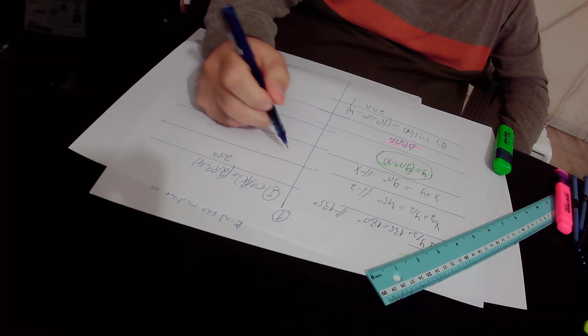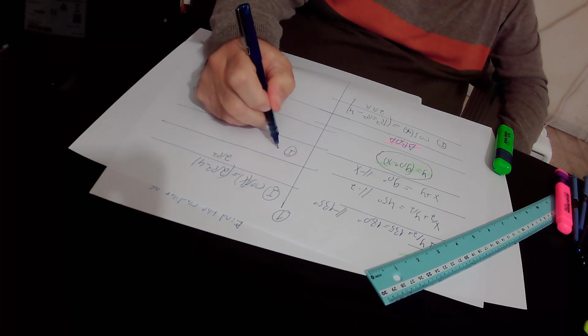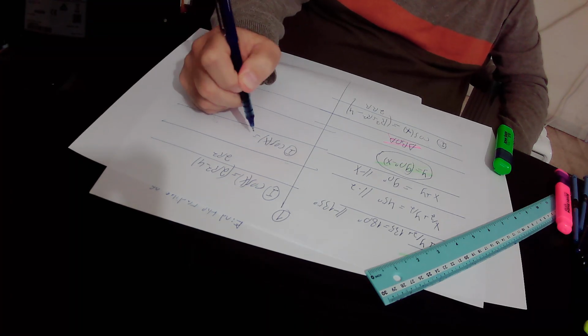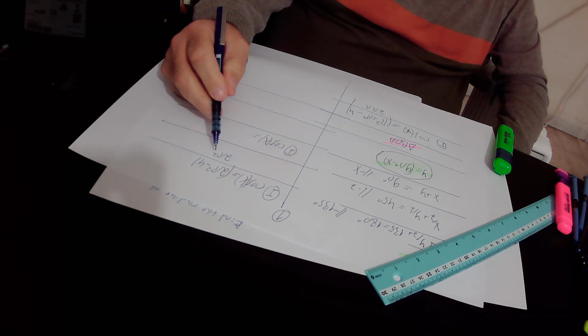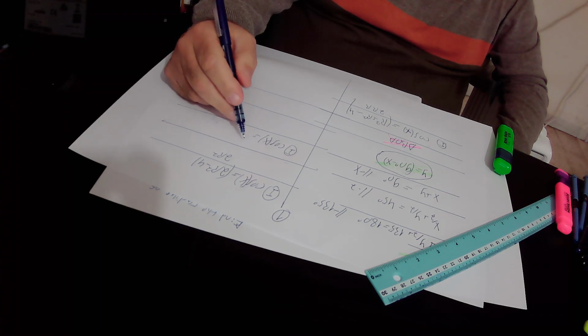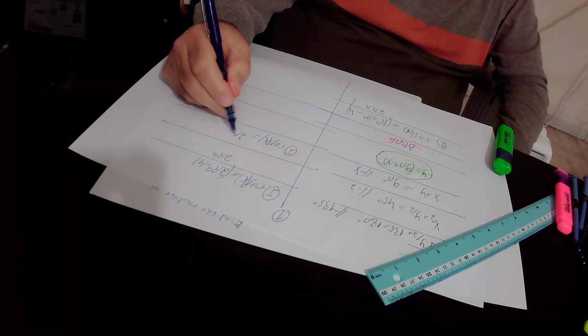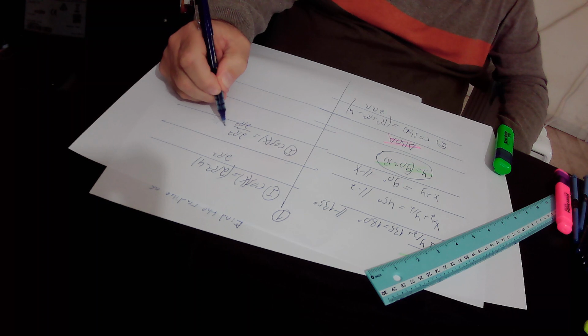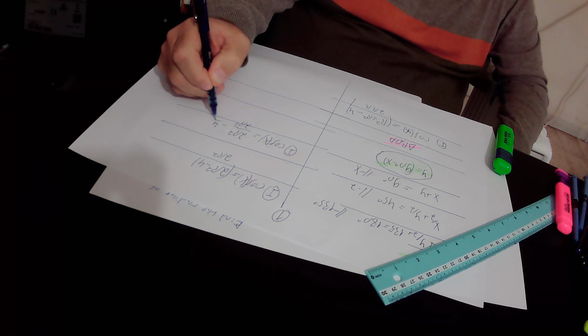So cosine x equals, we'll split this expression into 2 parts. The first part will be 2r square over 2r square, and the second part will be minus 4 over 2r square.